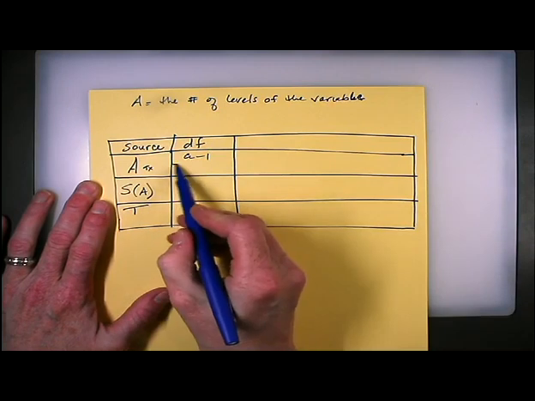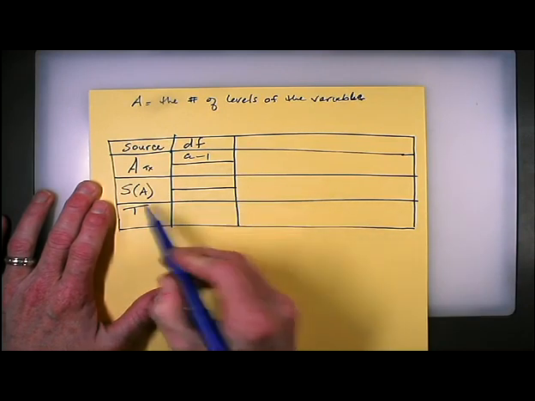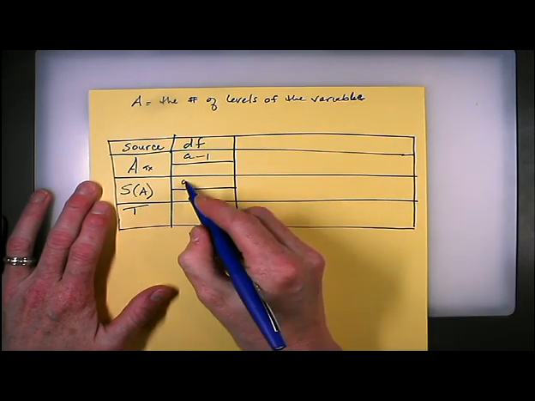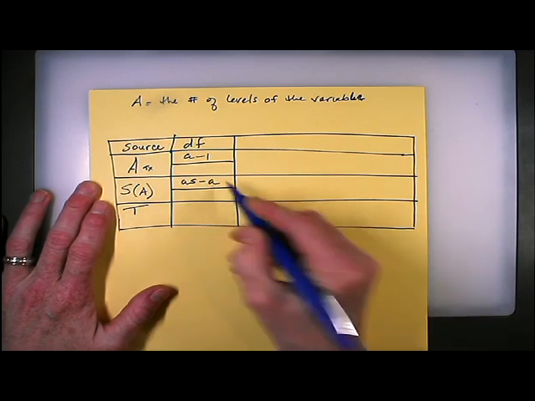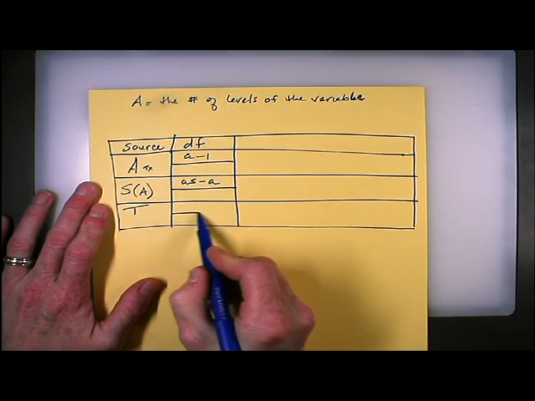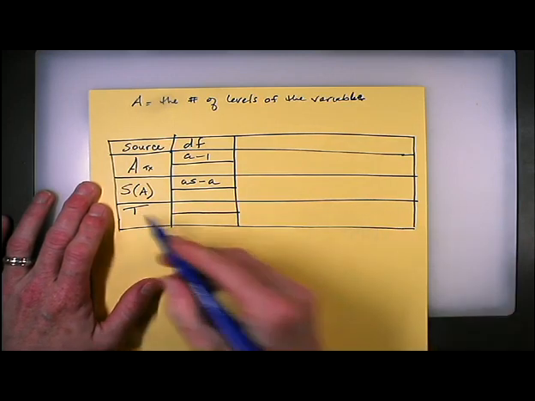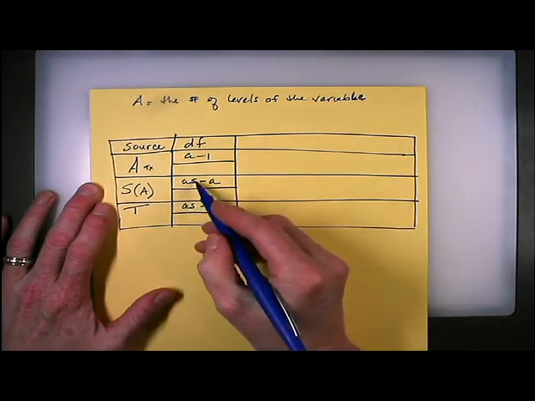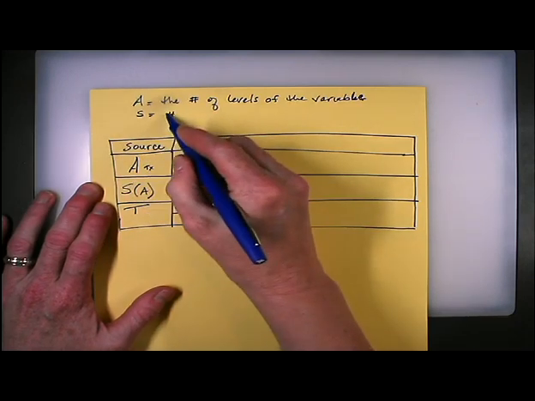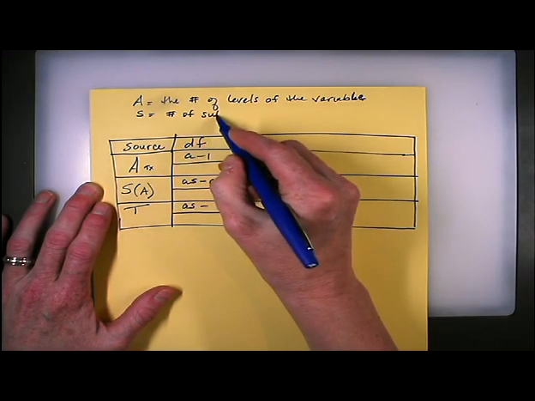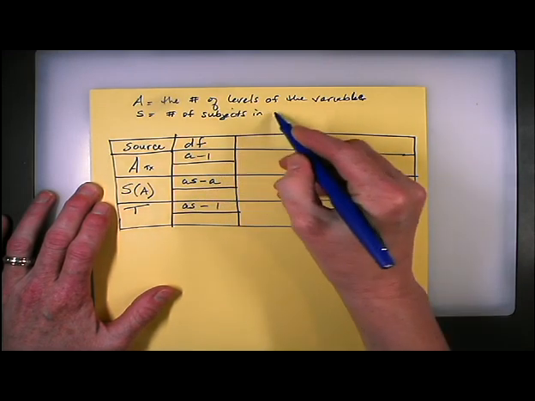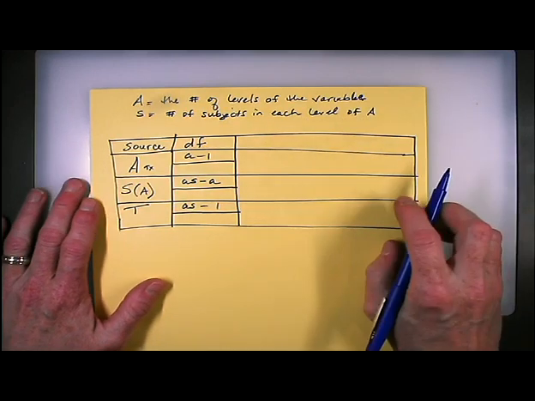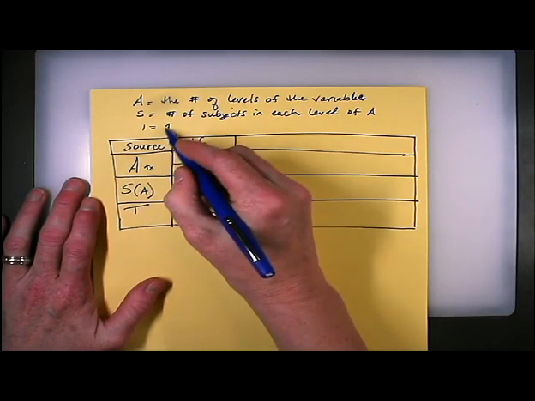The degrees of freedom formula for the subjects nested in A, okay, is going to be AS minus A. And the formula for total is AS minus 1. The S is the number of subjects in each level of A. And then 1 is basically just the number 1.